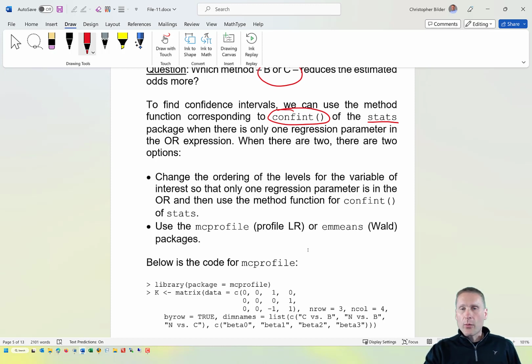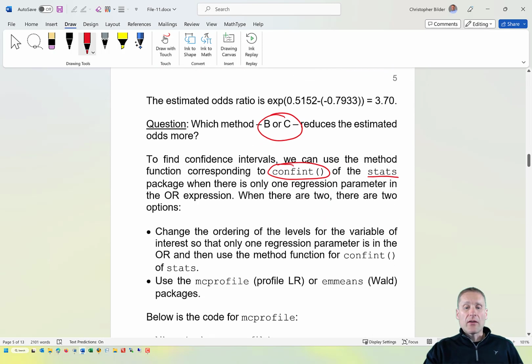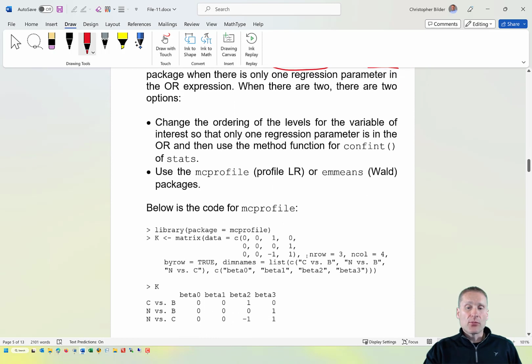The problem with this function though is that it only works for one parameter at a time. But we have a situation where we might have two parameters that we need to work with. Because of that, we have one of two options for how we can get a confidence interval associated with the odds ratios of interest.